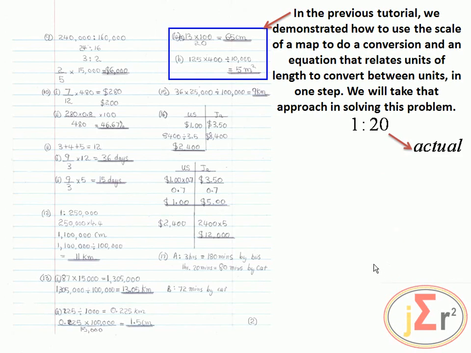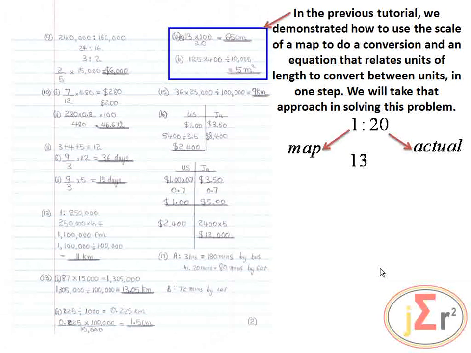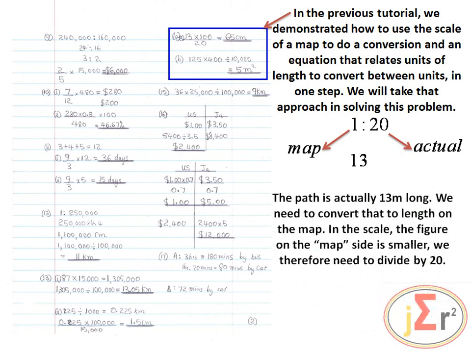So there we have, that represents the actual and that represents the measurement on the map. That 13 that is given to us is actually 13 meters, and that 13 meters should be converted to distance in centimeters on the map.